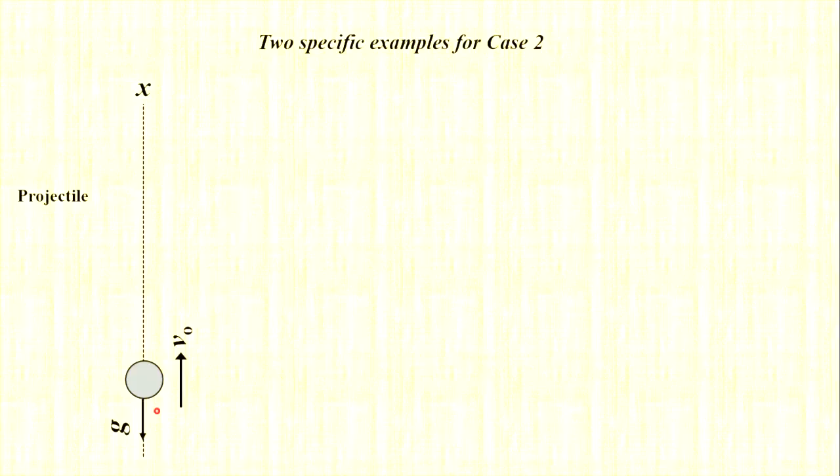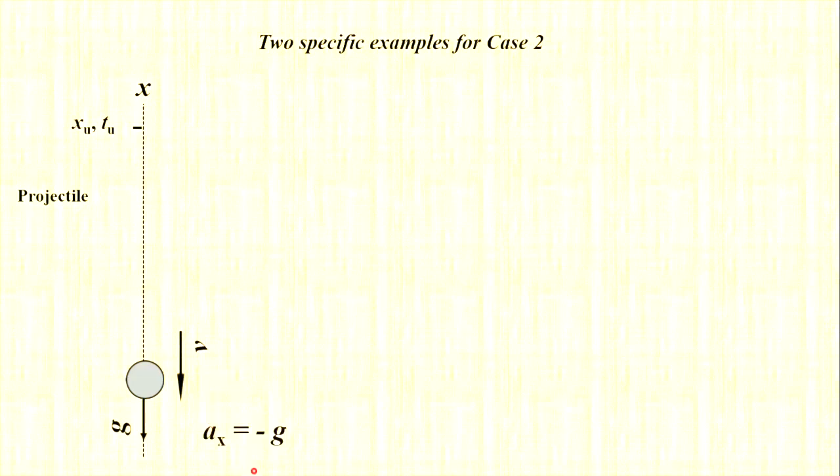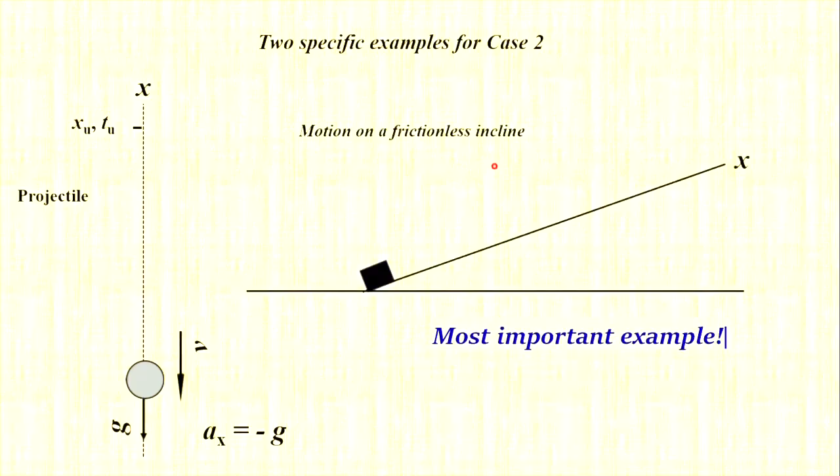First example is vertical motion of a projectile. In this case, the object moves in such a way, and the x component of acceleration is equal to negative g, where g is free fall acceleration. The second important example is the motion on a frictionless incline.